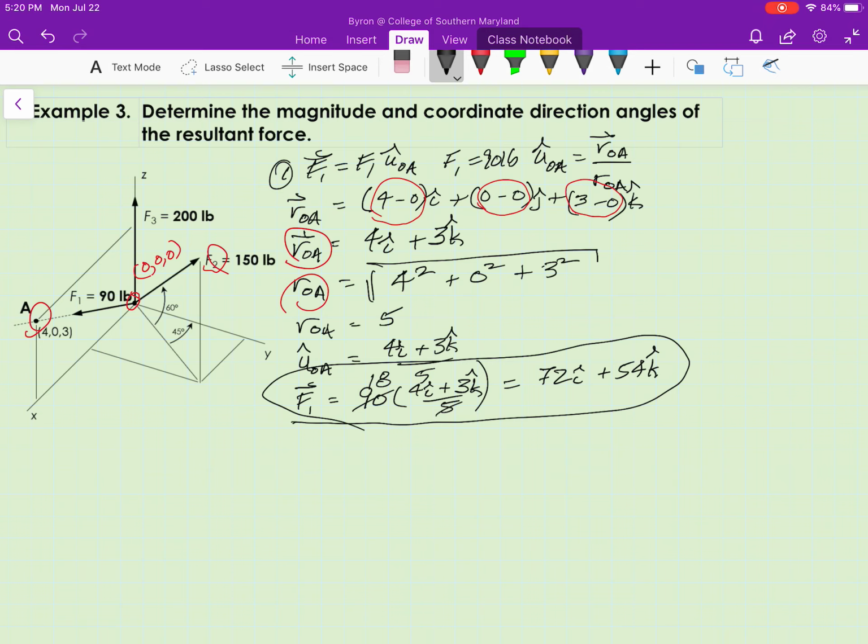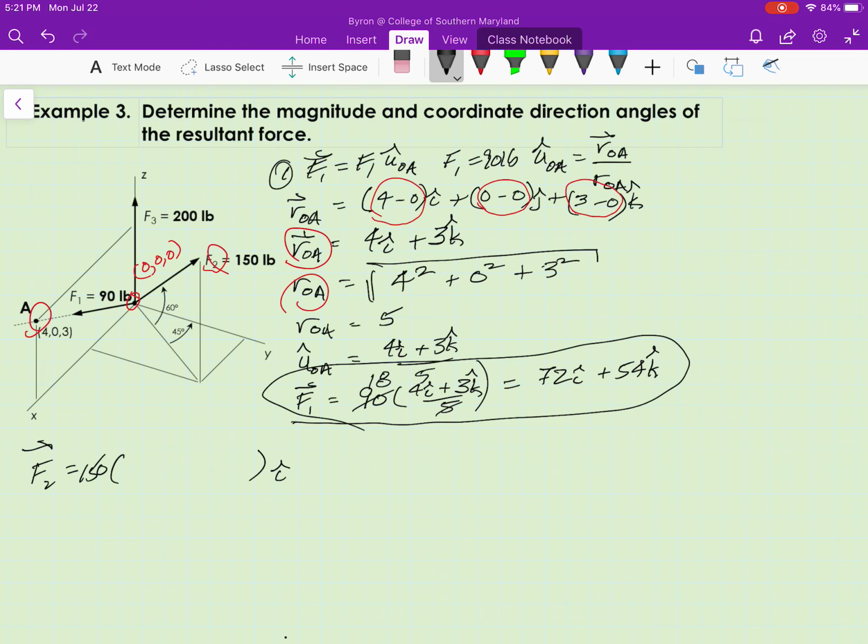And now for F sub 2, move over here, I'm going to use those angles in some trigonometry, and I'm going to say that the i component of F sub 2 can be written as the magnitude of F sub 2, which is 150, times the cosine of 60.